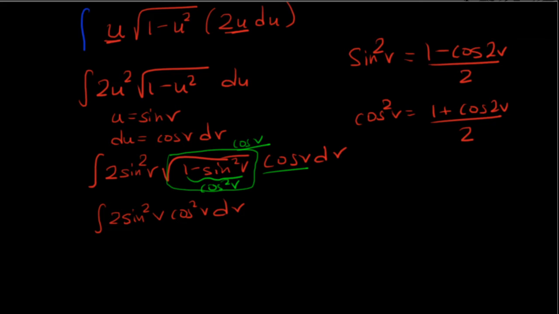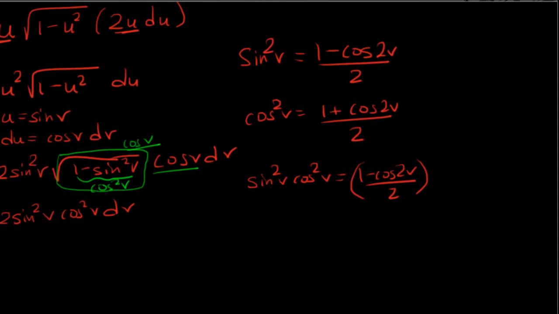So we're going to multiply these. So sine squared times cosine squared will be 1 minus cosine 2v over 2, times 1 plus cosine 2v over 2.